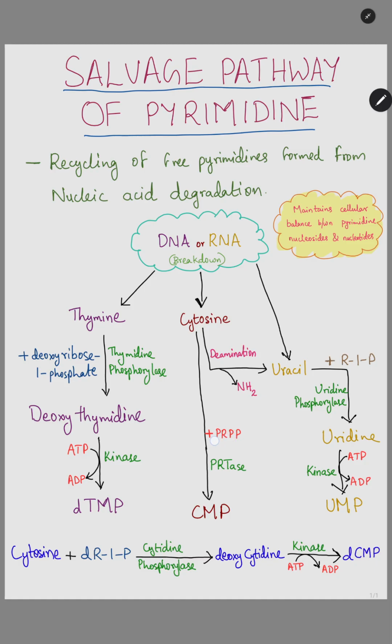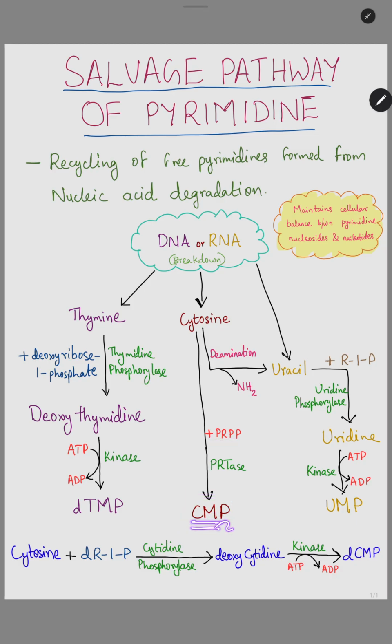So cytosine plus phosphoribosyl pyrophosphate in presence of PRTase, that is phosphoribosyl transferase, becomes CMP.